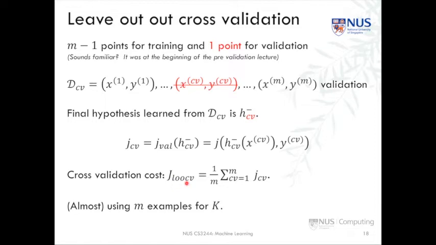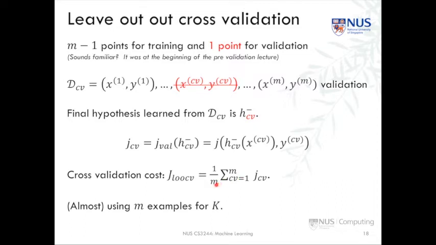The important part about this is we're going to execute this a number of times. We're not going to do it just for one case, but do cross-validation, which means we're going to conduct this type of experiment all m possible times, where the CV point is rotated from the first point to the second point, all the way to the mth point at the end. That means we'll have a total of m experiments, each of which has a unit point to do performance on. So in binary classification, you would either get the point correct or the point wrong.